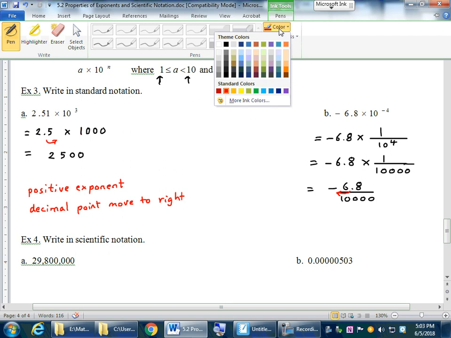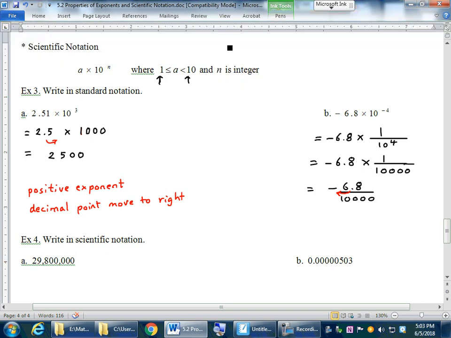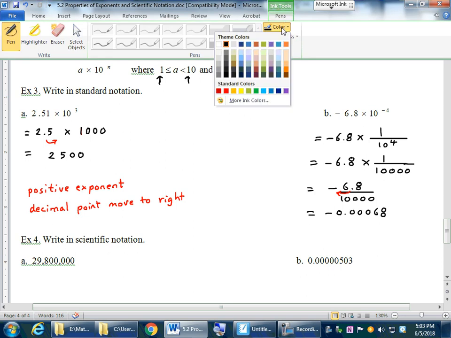So we know that if you are dividing by 10, 100, or 1,000, the decimal point moves to the left. So for this answer, we have to move the decimal point 4 times to the left. So it will be negative 0.00068. So let's put a note right here.